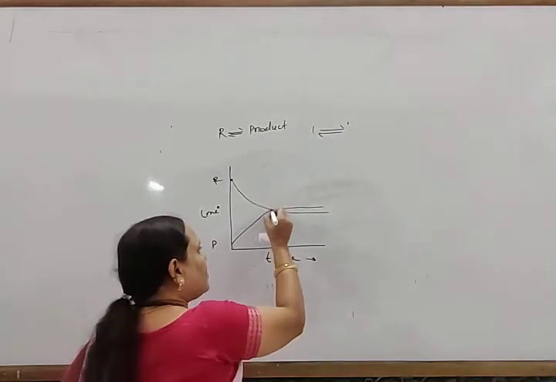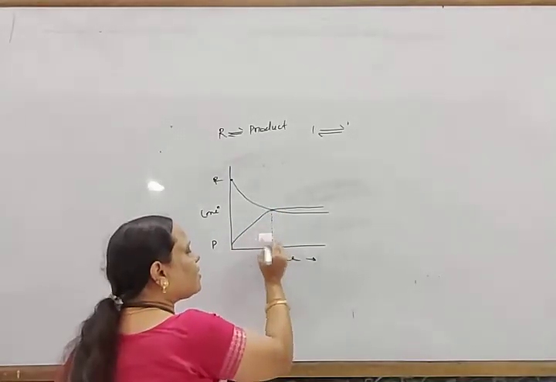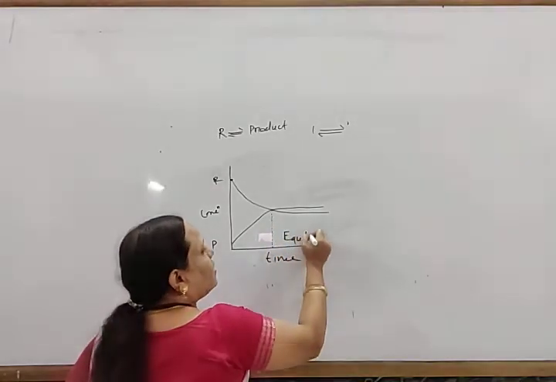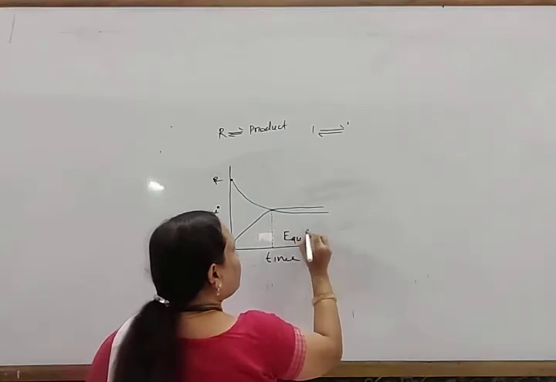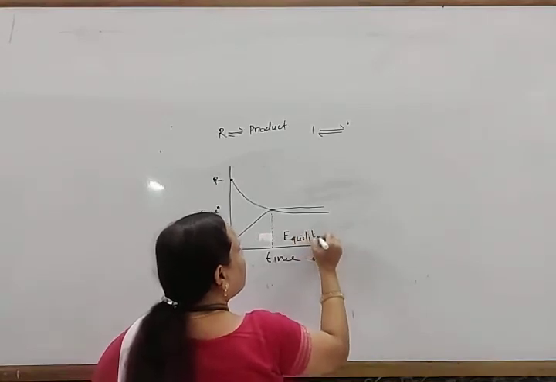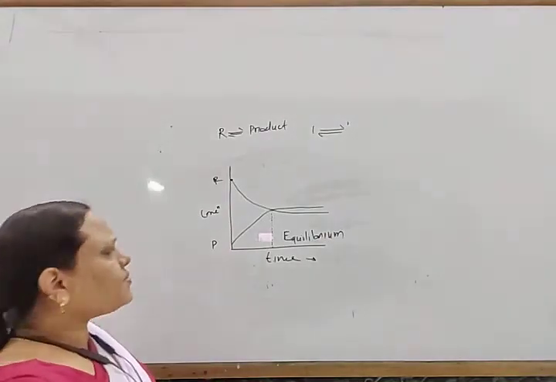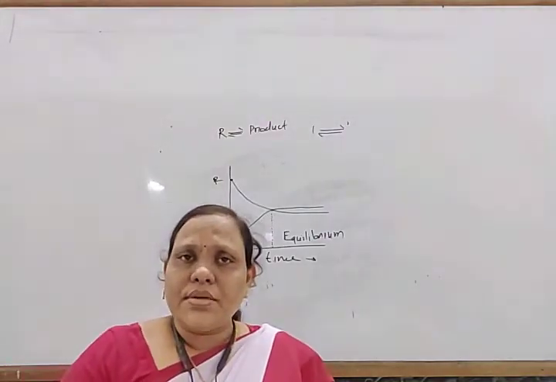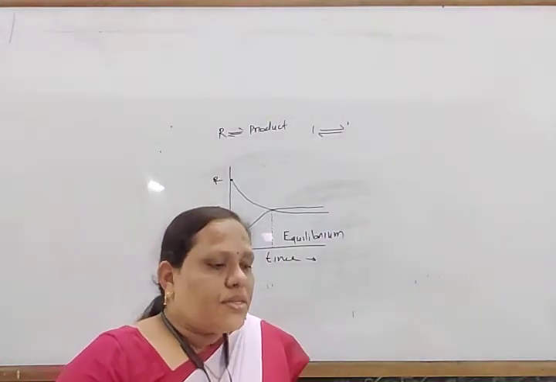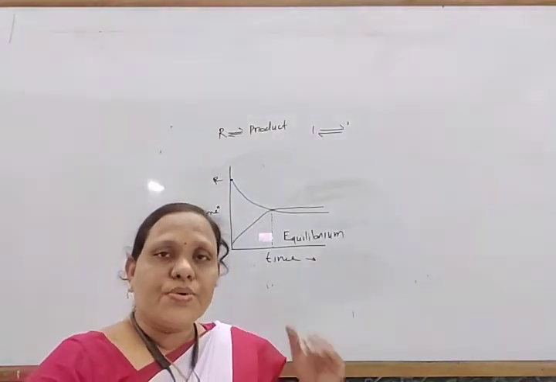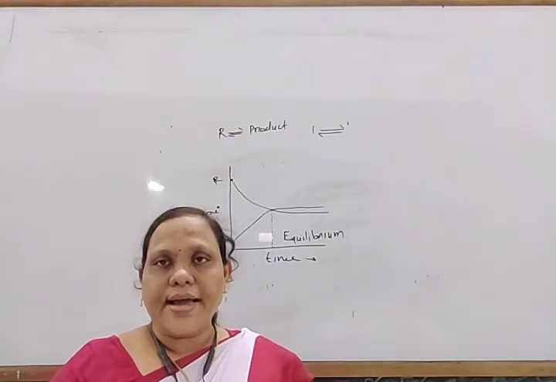So that condition is called equilibrium. That condition is called equilibrium condition. Okay. So equilibrium is a condition where the concentration of the reactant and the concentration of the product do not change with time.